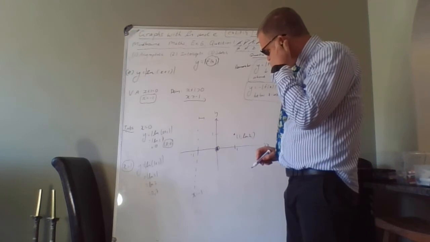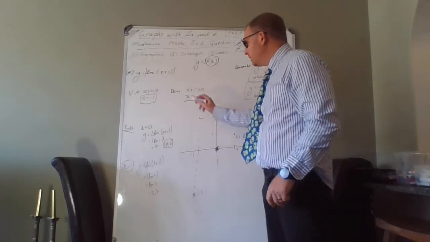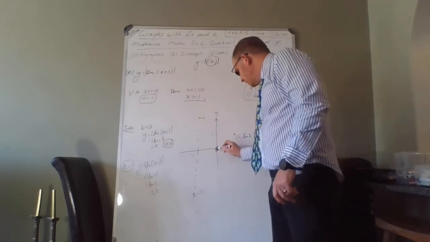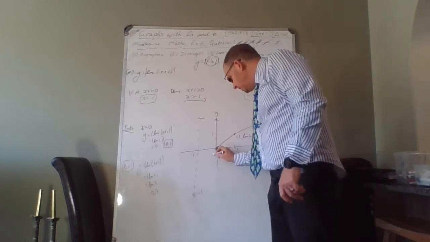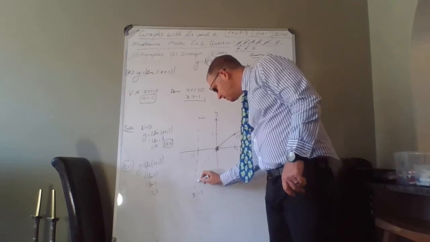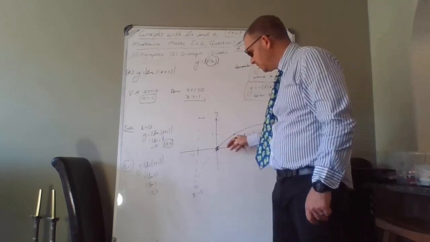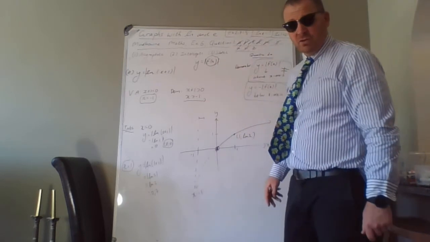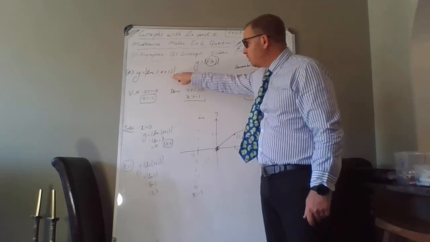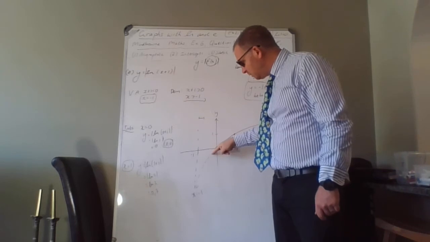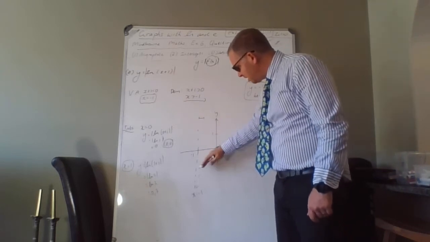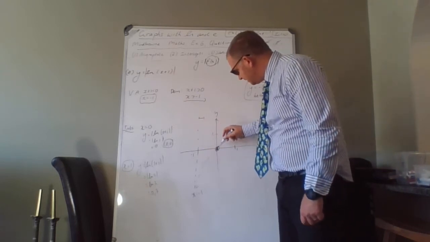Okay. Now, if you are drawing a graph of just ln(x + 1), well, that part would be like that. And then what would happen is the graph would carry on down, steepen up towards the vertical asymptote. But because it's of the form absolute value of ln(x + 1), all the y coordinates must be positive, so all the points below the x-axis are going to be flipped above the x-axis in the mirror image.